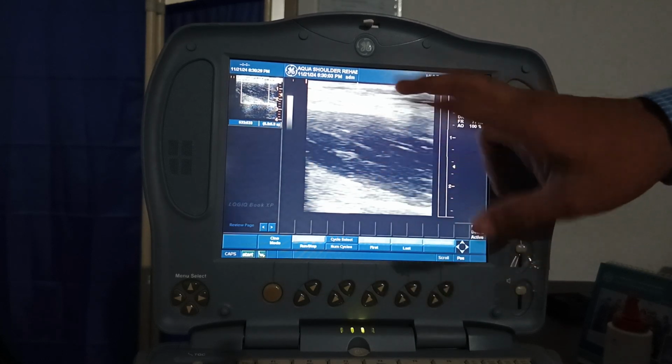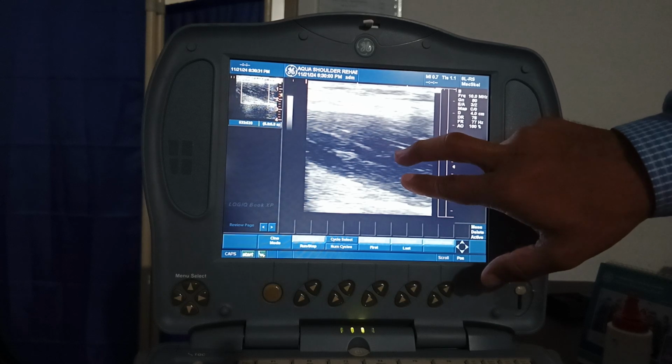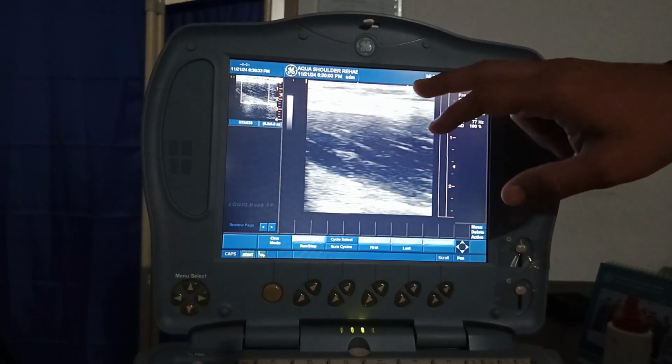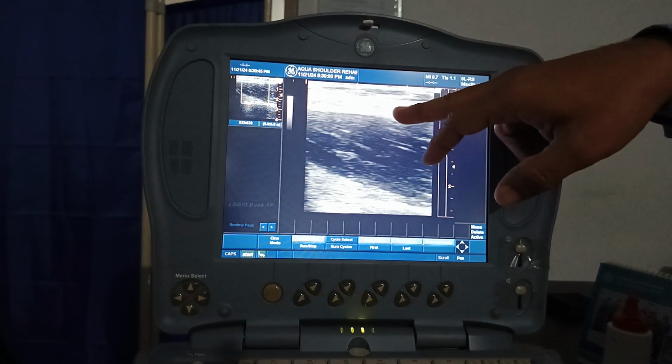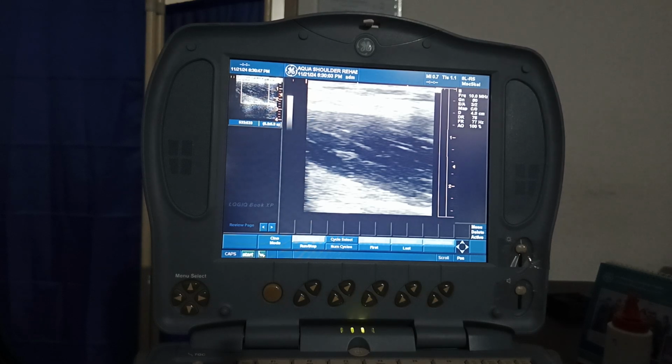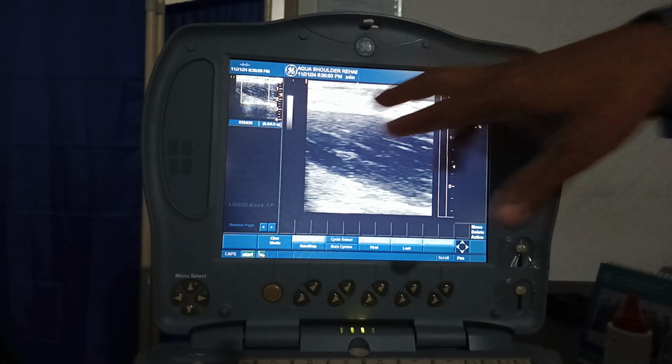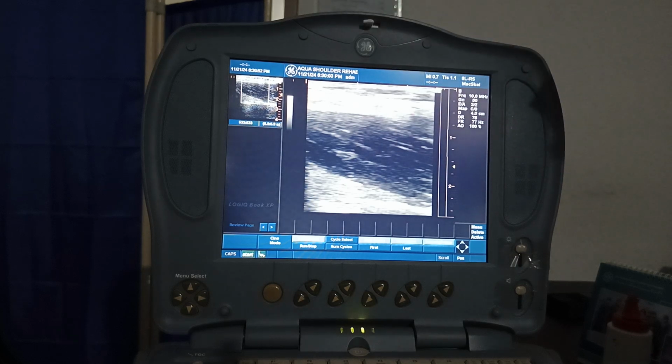Try to see the difference between the muscle belly or muscle appearance and the tendons. The tendons are hyperechoic, but they don't have any anechoic or black lines within them. They are fibrilinear, meaning they have a wave-like pattern, but they don't appear as honeycomb on the short axis.